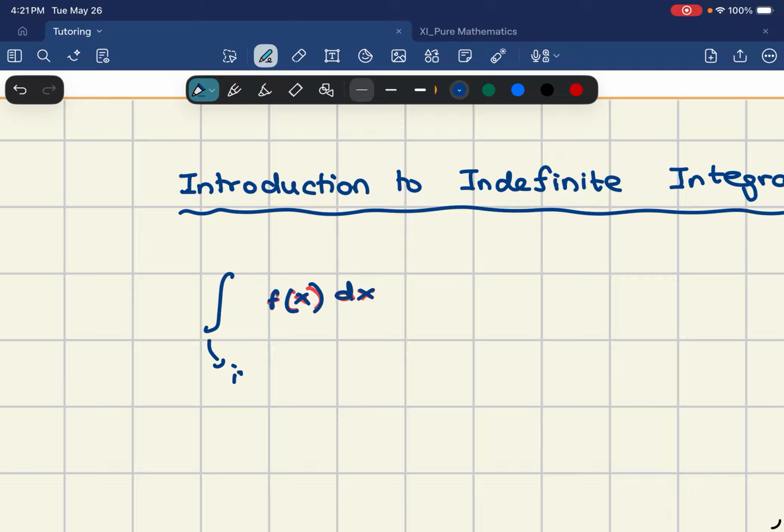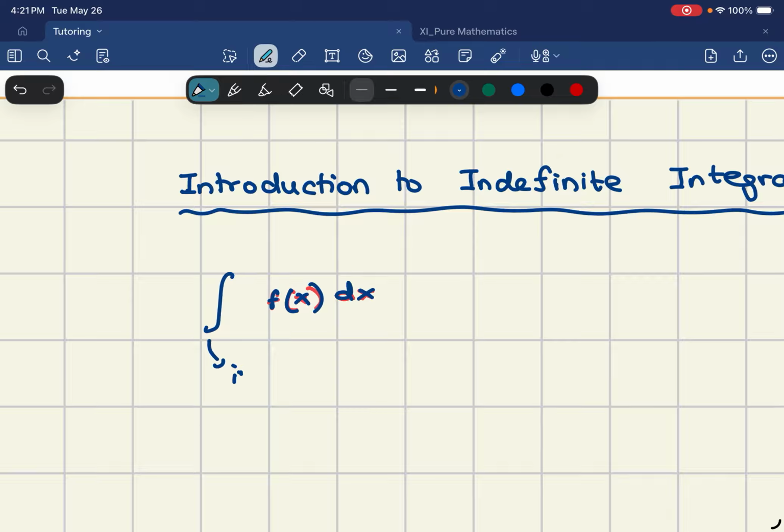And this capital F of x has the property that if you differentiate it, you are going to get the small f of x. So if you integrate small f of x with respect to dx, you get another function, capital F of x. And if you do d by dx of this capital F of x, then you have to get the inner function here.